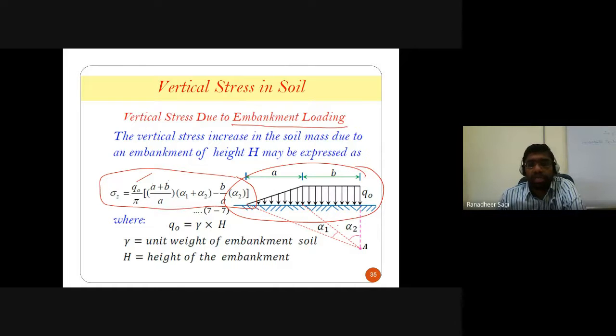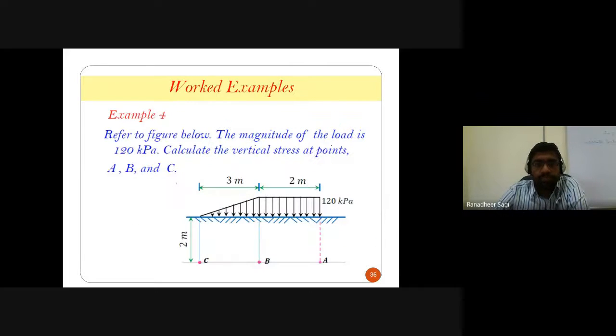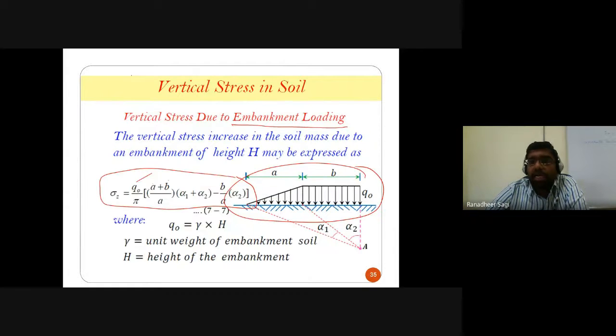So at point A, if I want to calculate the increment in vertical stress, I can make use of this simple expression. Here you have one example, based on which you can calculate the vertical stress at point A, point B, and point C, understanding the corresponding alpha 1, alpha 2 angles that you are supposed to substitute into your expression.